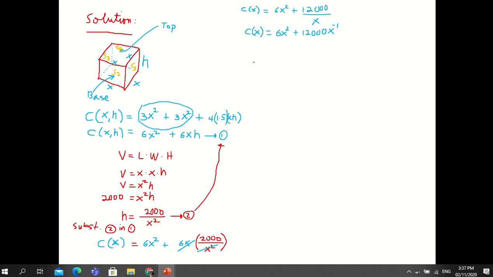So if you are going to solve for minimum and maximum, like the one mentioned in the extreme value theorem, we have to set the first derivative equal to 0, so that we can find the maximum or the minimum value. So that is the extreme value theorem. In other words, we are going to differentiate this with respect to the given variable, which is x, and then set the derivative to 0, then we can solve for x.